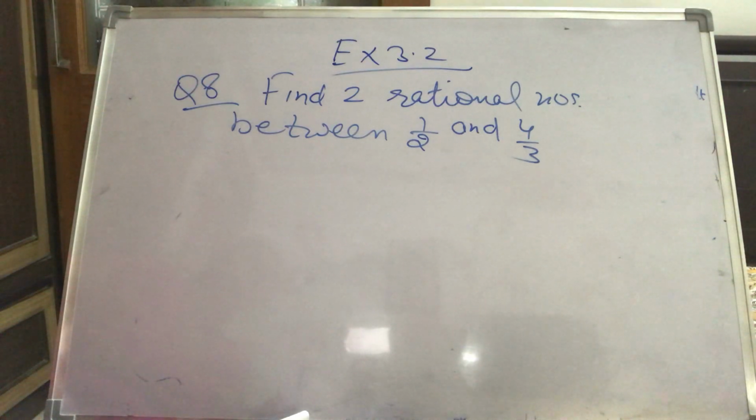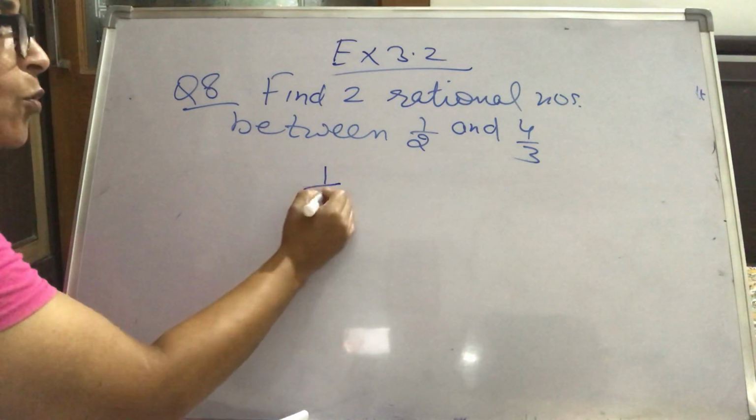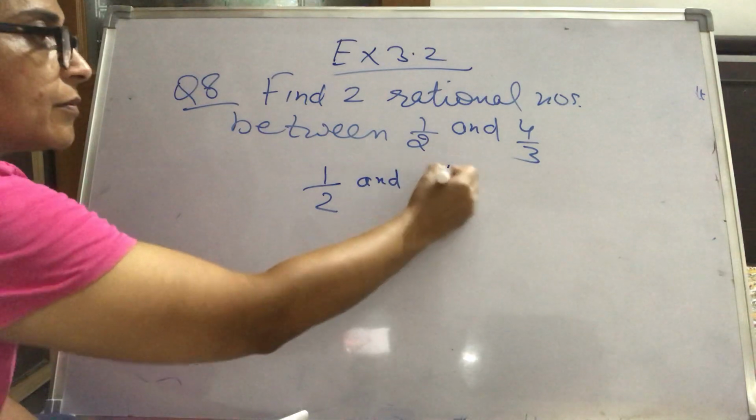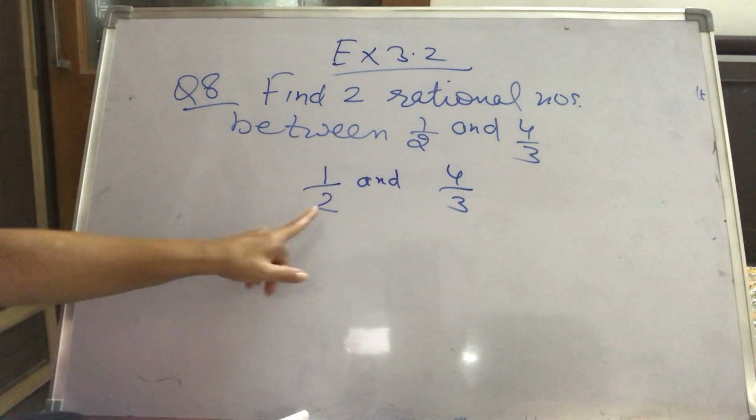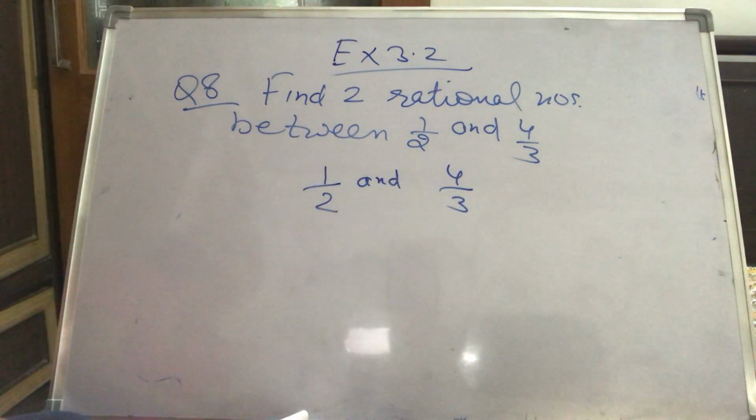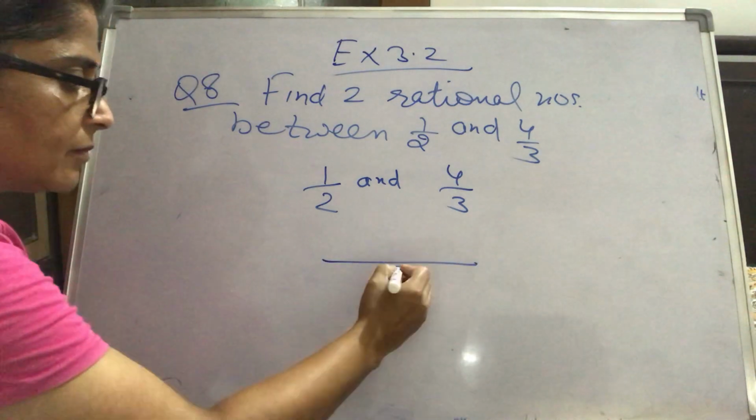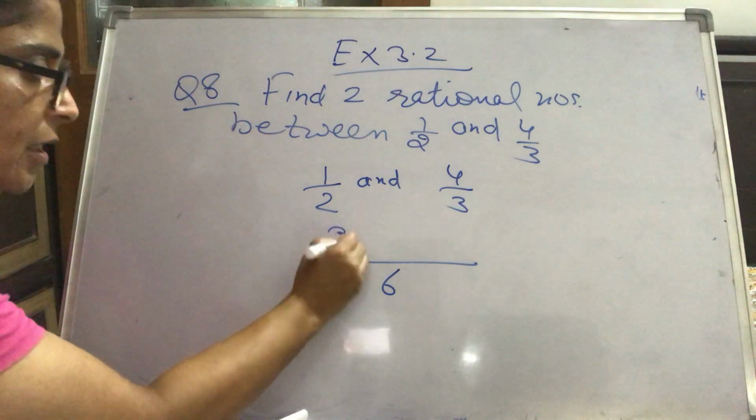Now, the solution for this question. First of all, we will write both the rational numbers and see their denominators. The denominators are not same. So our first step is to make their denominators same, by taking the LCM. The LCM will be 6.